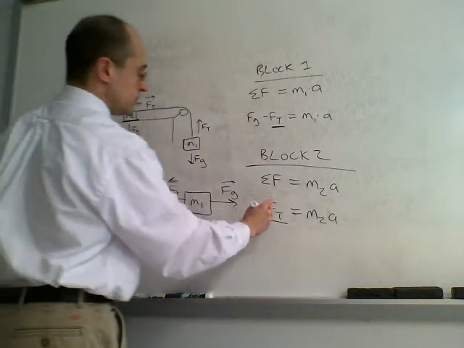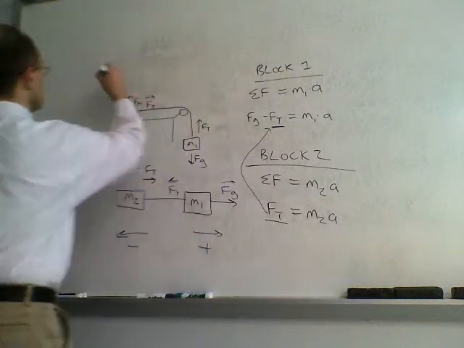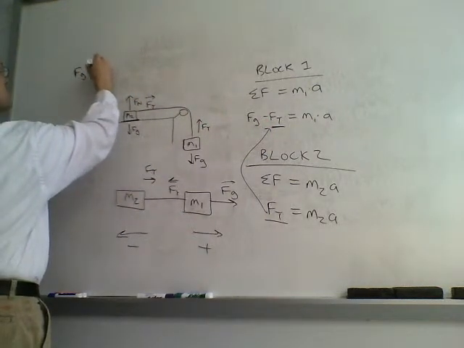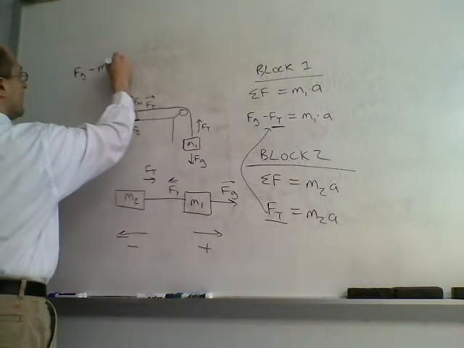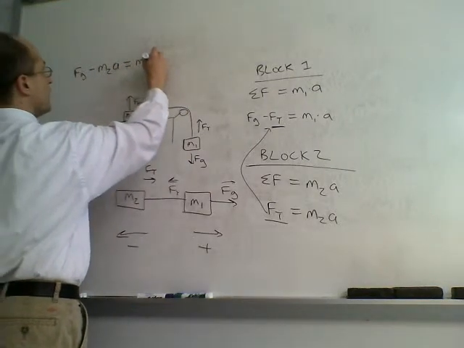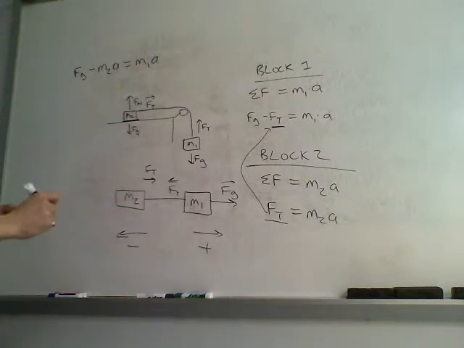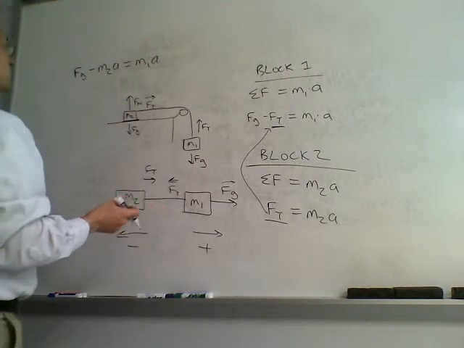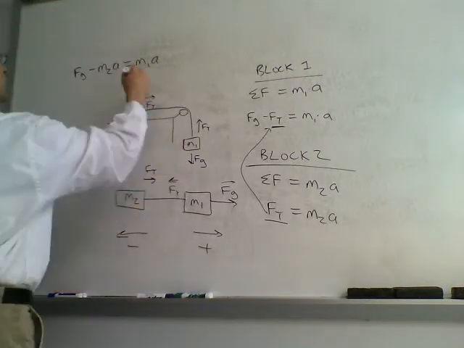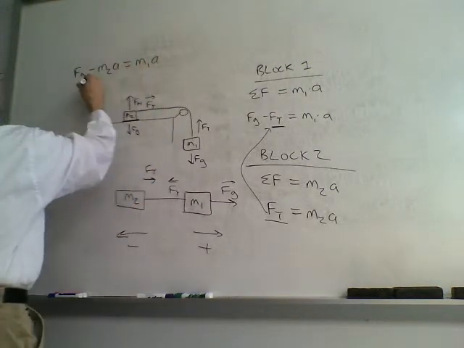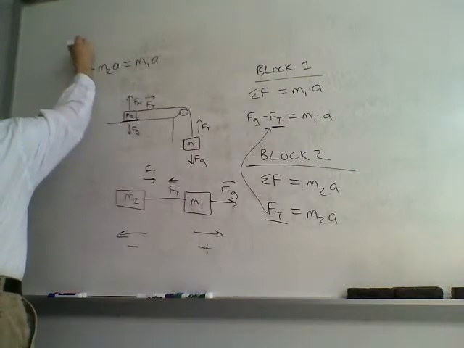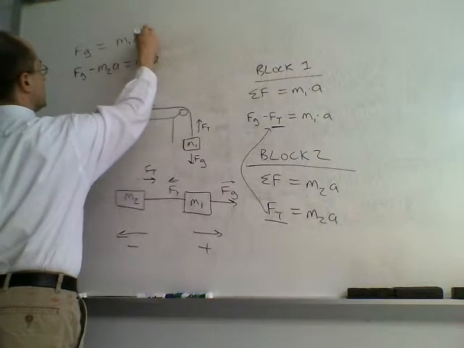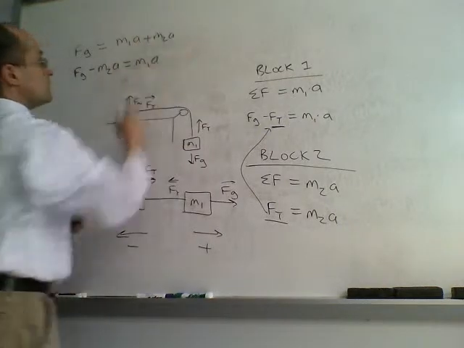So we can substitute this into there, and we get that the force of gravity minus m2a equals m1a. So when we want to know what the acceleration of our system is going to be, we can move this over, and Fg equals m1a plus m2a.